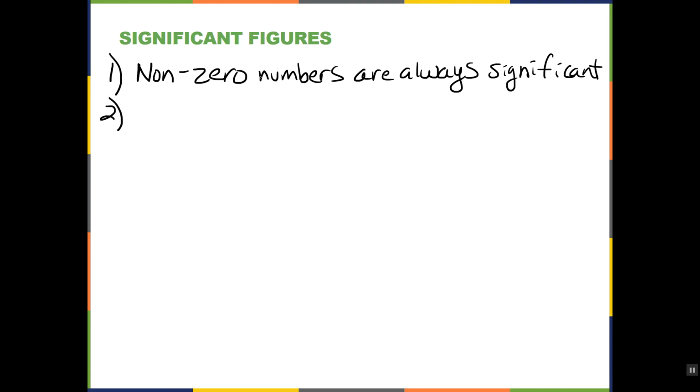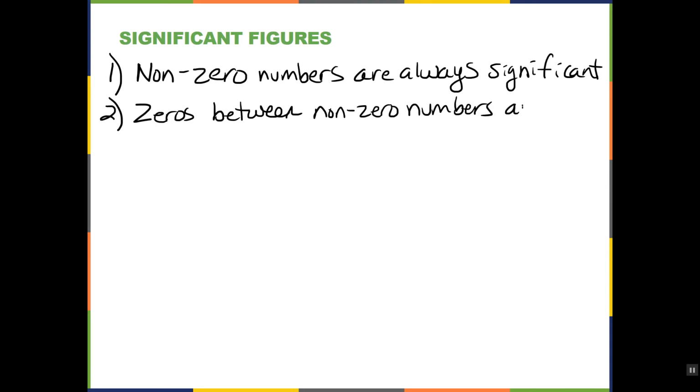Now, the second rule is: zeros between non-zero numbers are always significant. And this is like your captive zeros.